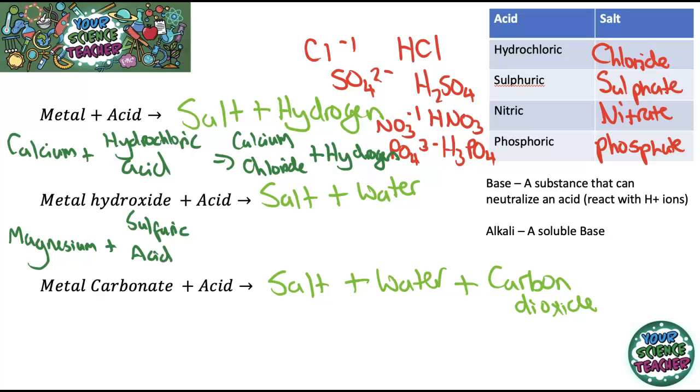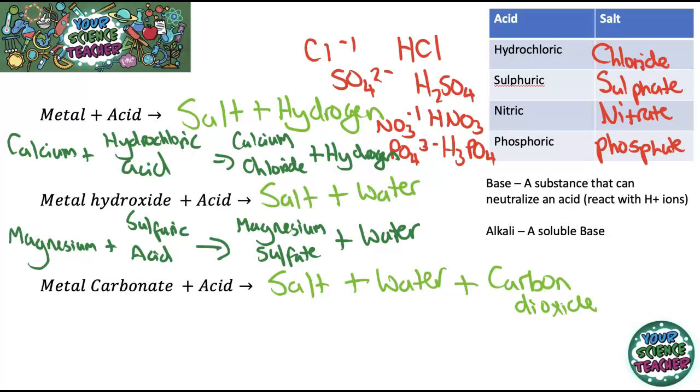I use the American spelling here just in case you ever see it written with an F. The salt that will be made here is magnesium sulfate, and you'll also make water. Remember that sulfate is SO4 2-, and magnesium's in group 2, so this would just be MgSO4 for my salt.